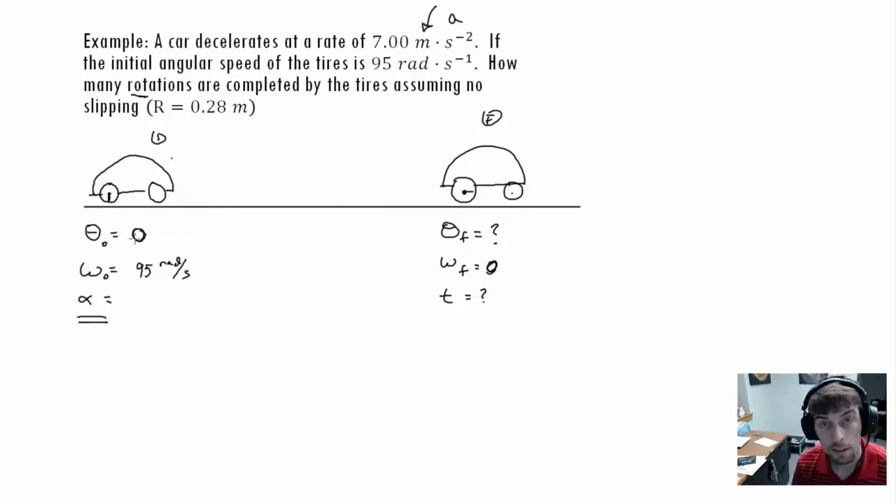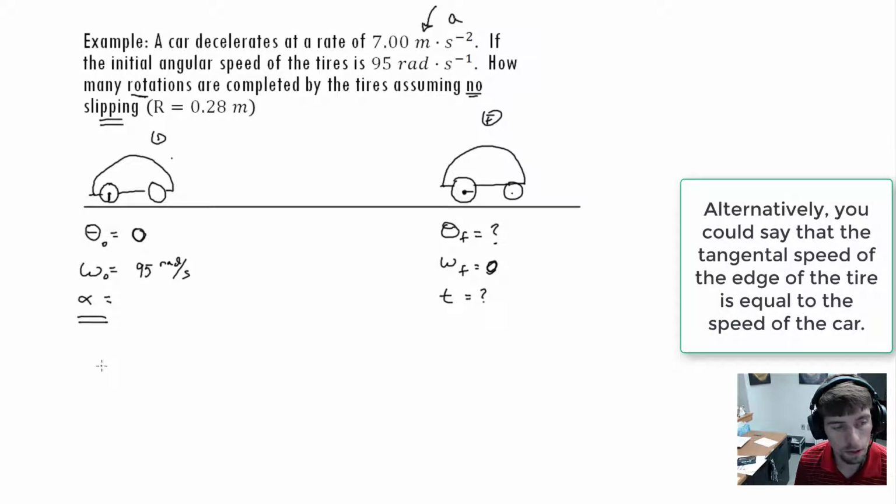You say, I got this. If you remember from the last video, there's a relationship. If you're rolling with no slipping, for example, so there's the no slipping part, you can say that your acceleration is equal to the radius times your angular acceleration. So we'll just flip it here.